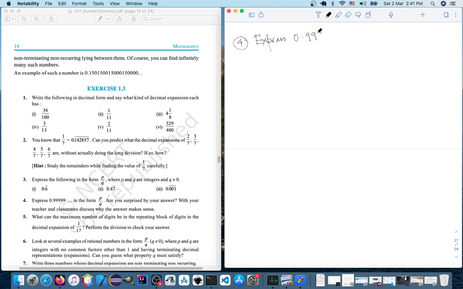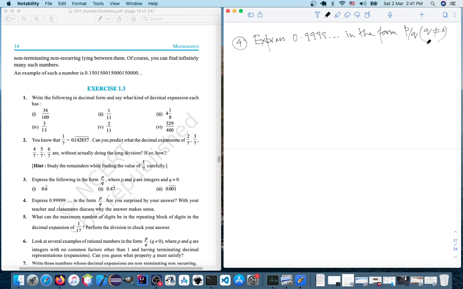That is, we have to convert this non-terminating recurring decimal into rational form, obviously where q is not equal to 0.